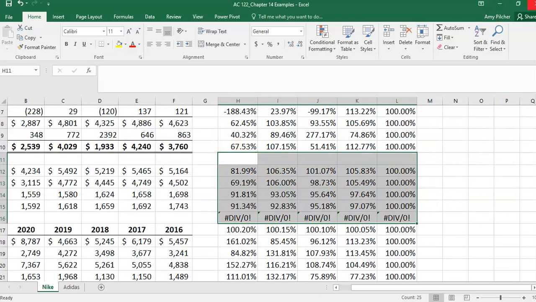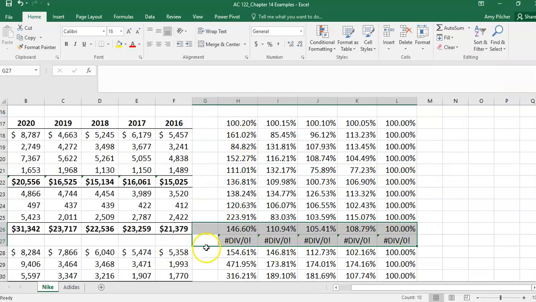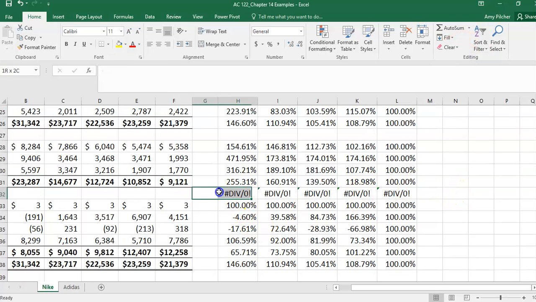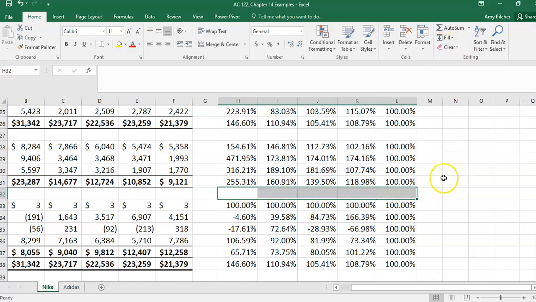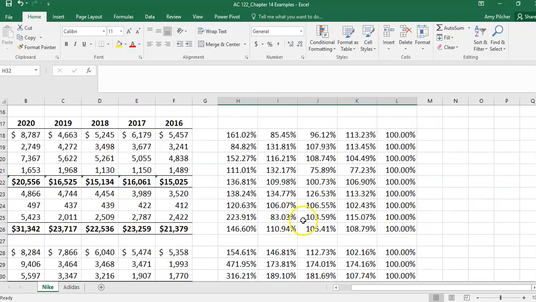Actually, we don't need these lines. We can clear the line that's the heading for the balance sheet and any lines that are just blank. Now we have trend analysis or horizontal analysis for 5 years for our income statement and our balance sheet.